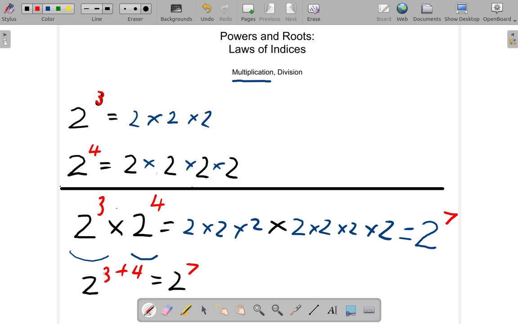If you have 3 to the power of 5 times 3 to the power of 6, it will be 3 to the power of 5 plus 6. You can try that.